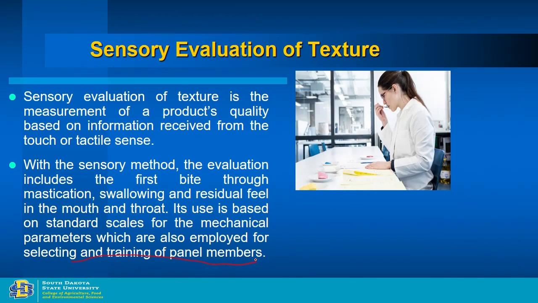So what they are saying is, before you even select your panel members, you need to understand their scope and background, whether they have all the sensory abilities. Those pre-evaluations we have to do, and that's how you select the right panels before you even train them.